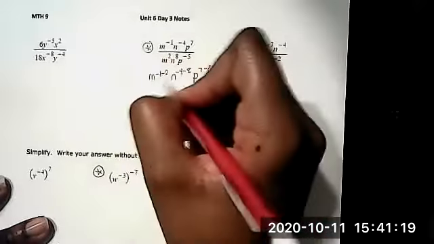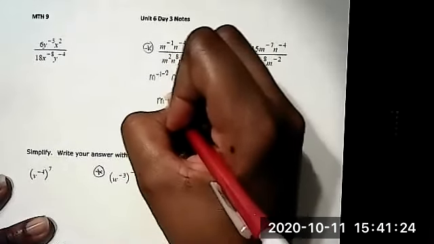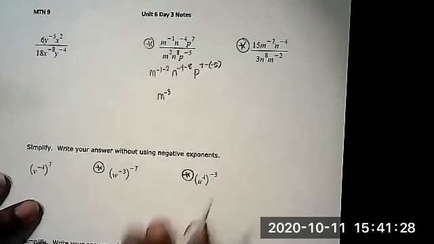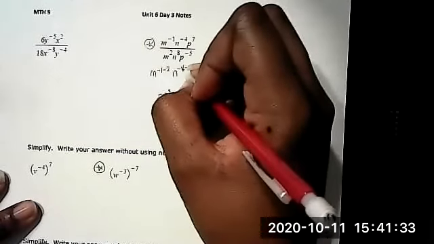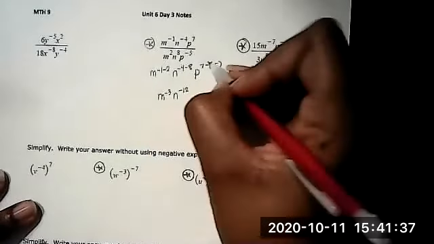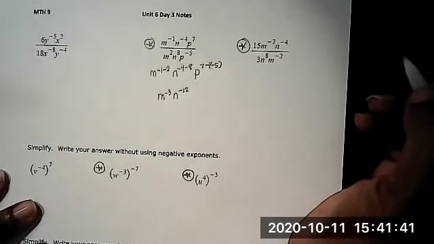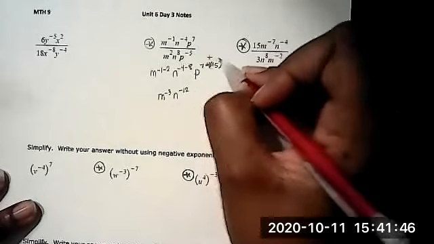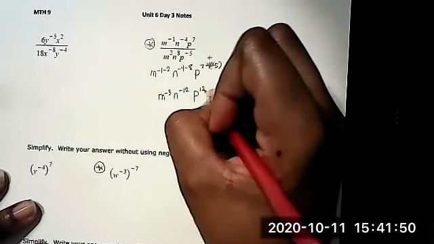Okay, m to the -1 minus 2, 1 minus 2 is -3.